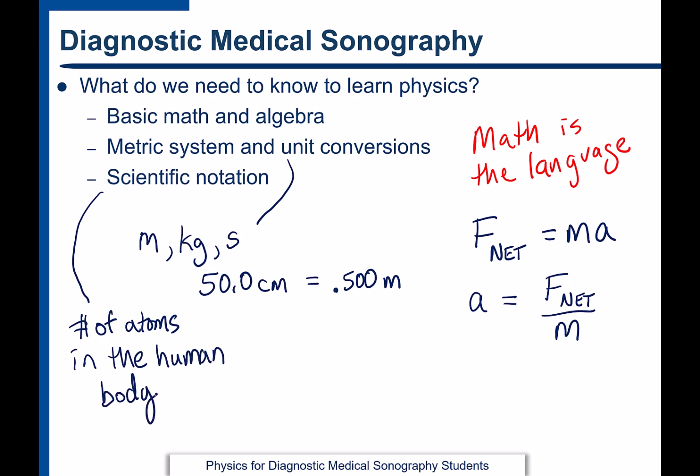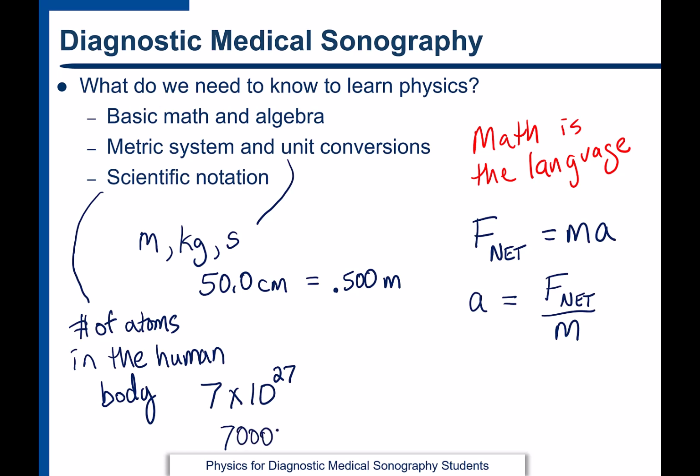So it turns out that it's about 7 times 10 to the 27th, and that is writing a number in scientific notation. So scientific notation is a shorthand. What does that mean? Well, that means a 7 followed by 27 zeros.